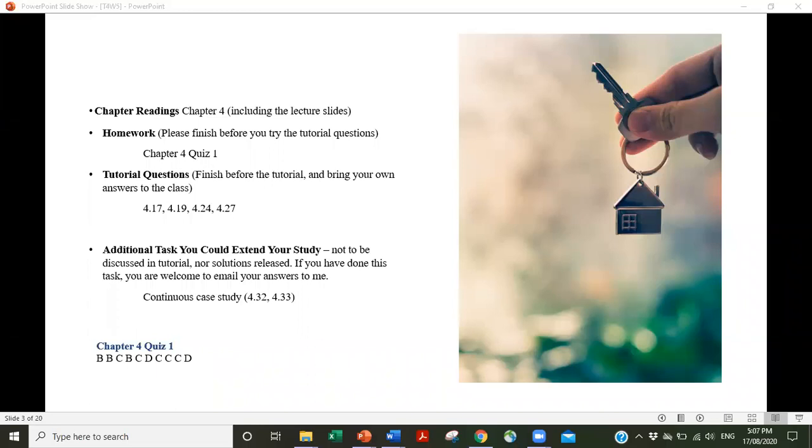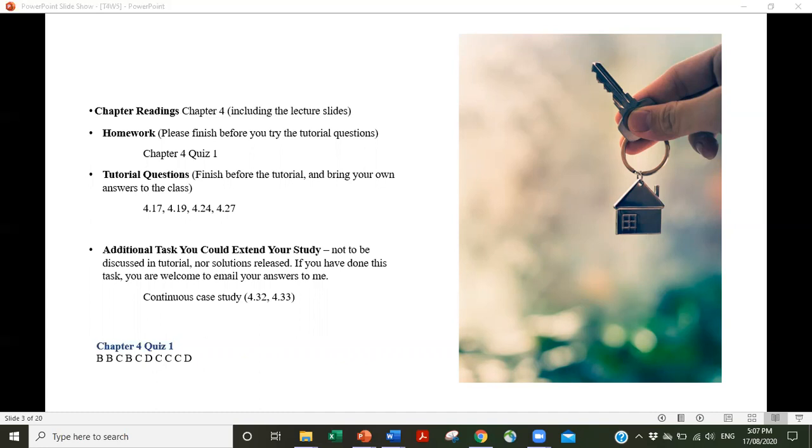The additional questions we're not going to cover in tutorials, but if you do attempt any of them, please send them through to Yu and she'll give you some feedback, okay? And remember also that there's the continuous case study on page 183. There's an easy part and a more difficult part of that.